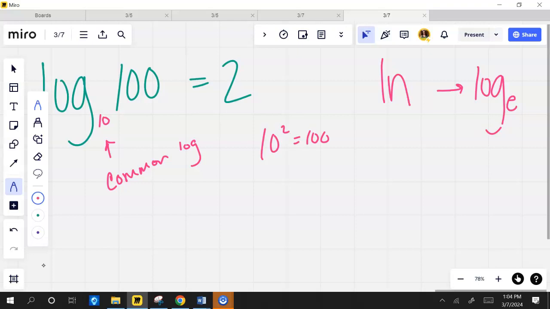Just like pi, pi represents an irrational number, and e represents an irrational number. Did y'all not learn about e in Algebra 2?